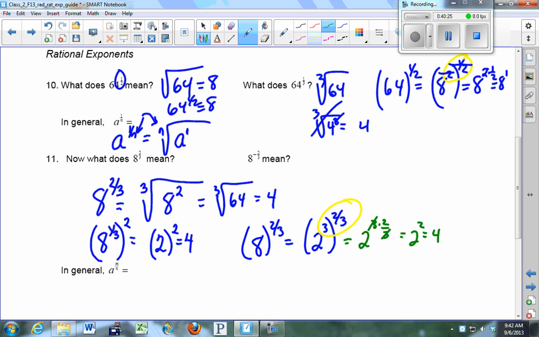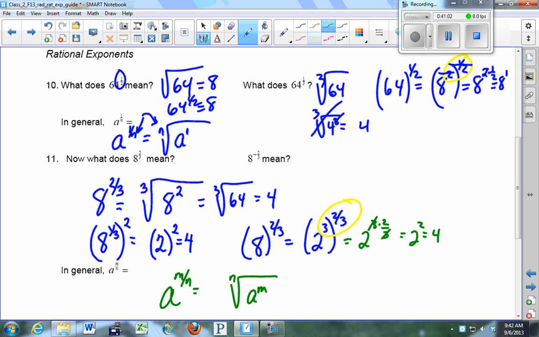There are so many different ways to evaluate these rational exponents. Some students have their method that they like best. Some will do the root first and then apply the exponent. Some of you might think about this one, which tends to be probably the least familiar. So in general, when you have a base raised to the m divided by n, that means the nth root of a to the m.